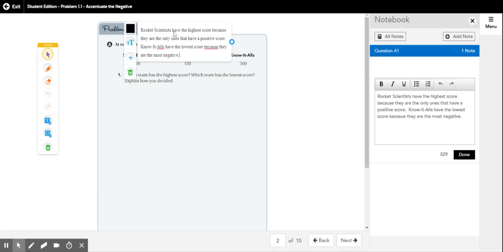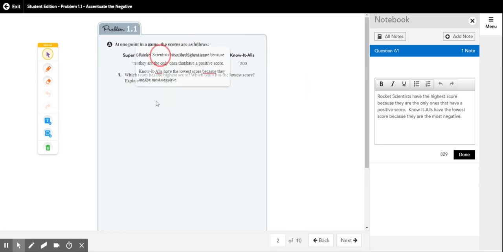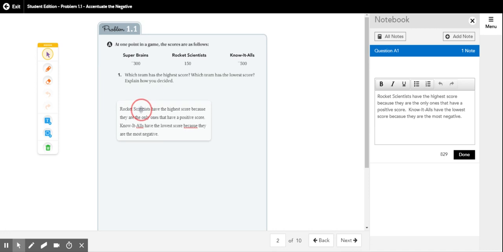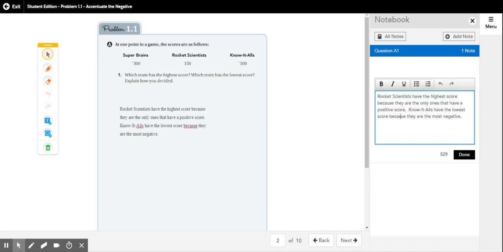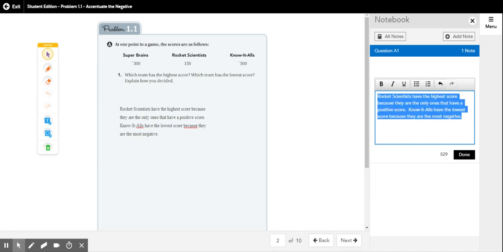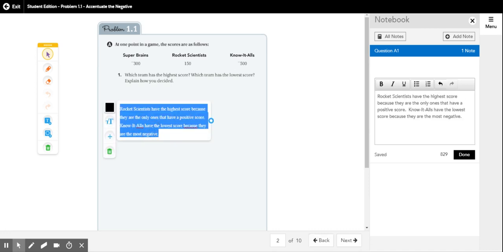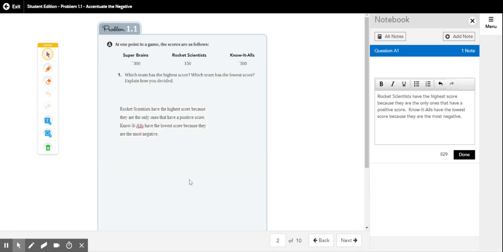This program behaves a little bit different for me than it does for students. Oh, there's that darn misspelling. Let me go ahead and fix that. Okay, there we go. So rocket scientists have the highest score because they're the only ones with a positive score.